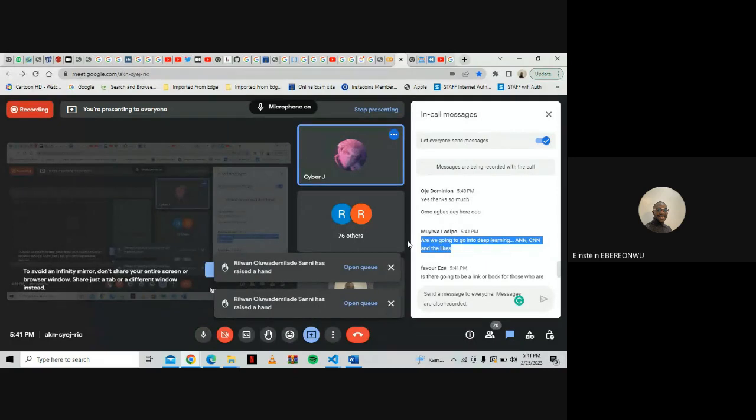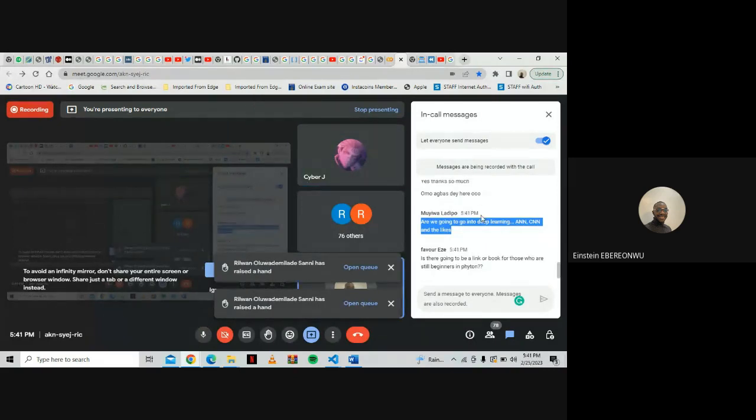Someone asked if we're going to be going into deep learning, such as artificial neural networks, convolutional neural nets, and recurrent neural nets. No, because that exceeds the scope of this boot camp. So we're not going to be going into anything deep learning.